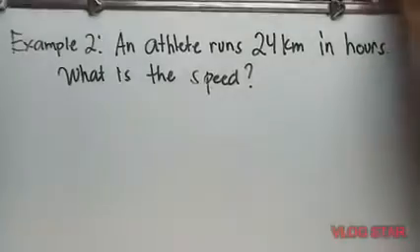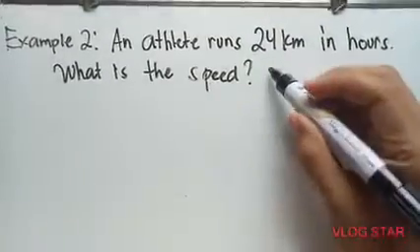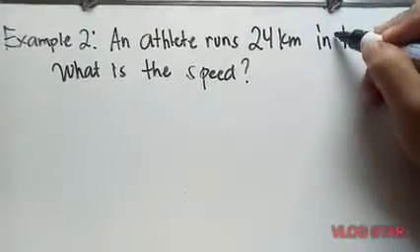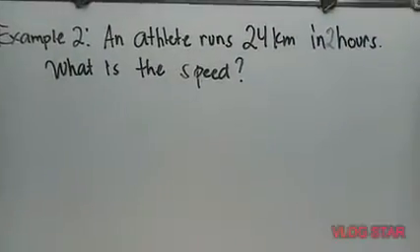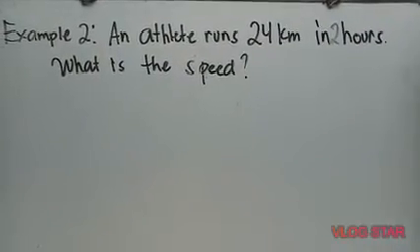For example number 2, an athlete runs 24 kilometers in 2 hours. What is the speed?